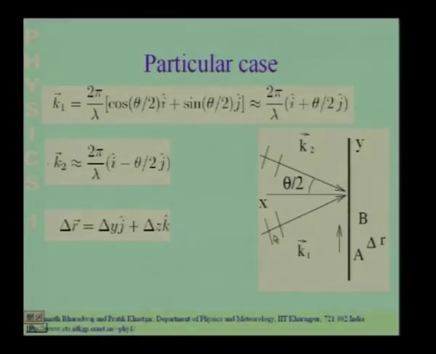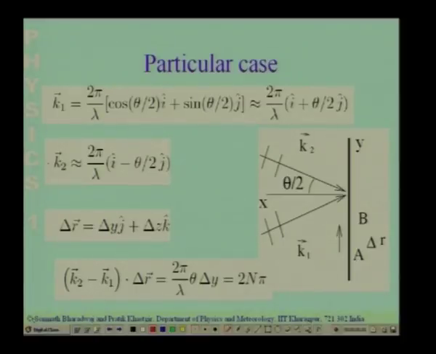Now, let us first write down the wave vector k1 corresponding to the wave travelling upwards, which is the wave over here.